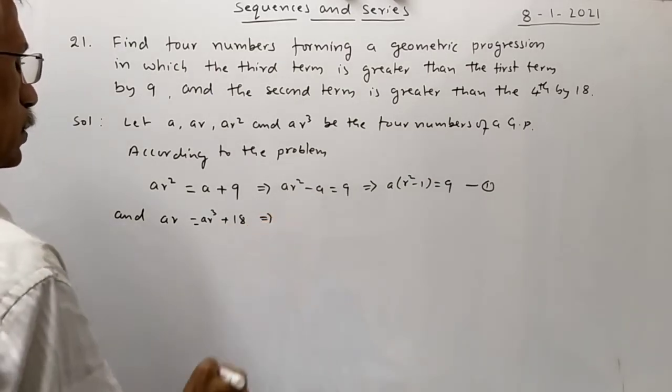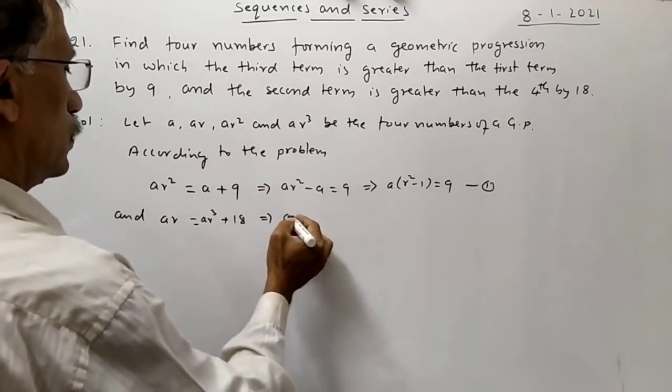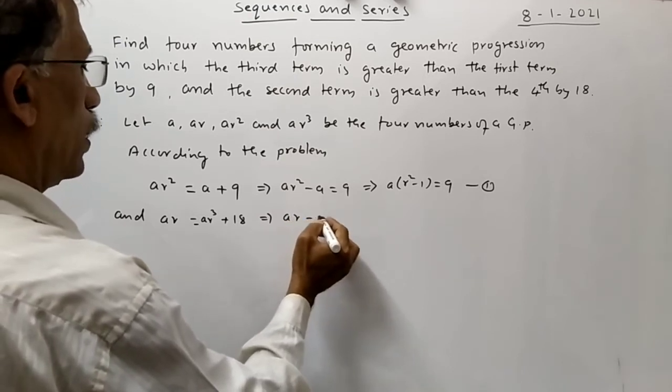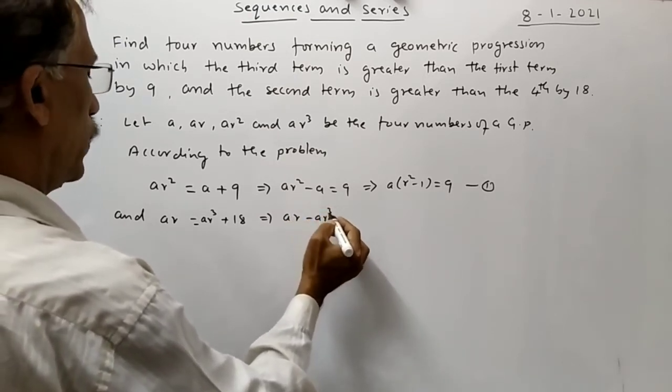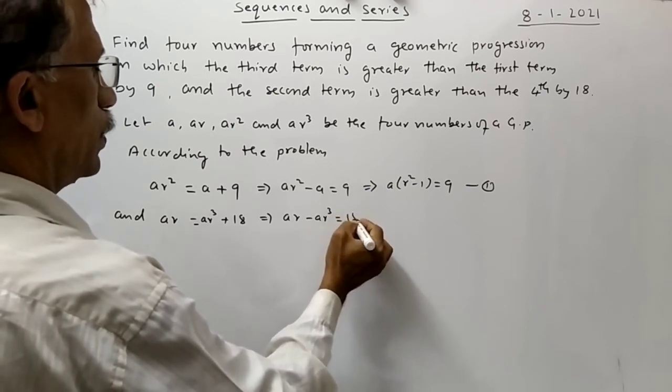This implies AR minus AR cube is equal to 18.